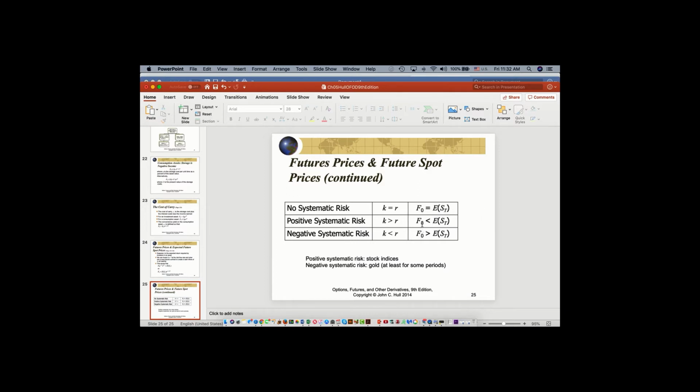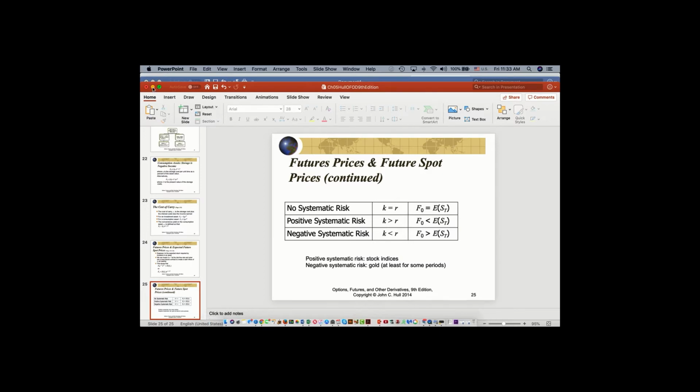And then this is the normal backwardation part of it, when K is greater than R. That means the riskiness is greater and the risk is transferred, therefore F sub 0 has to be less than E(S_T). Negative systematic risk is the normal contango, where F sub 0 is greater than E(S_T). So that is from chapter 5, the places that you have to emphasize.